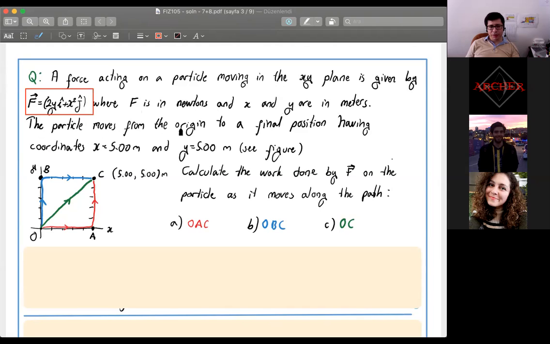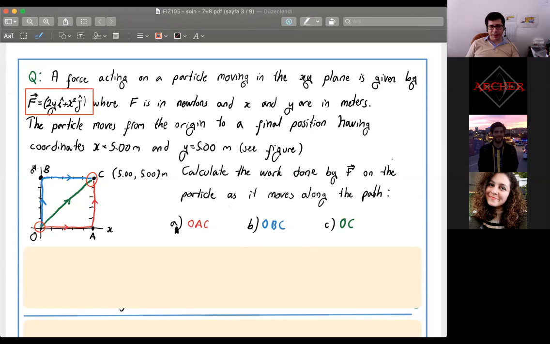Now the particle moves from the origin to a final position having coordinates x equals 5 and y equals 5 meters. The particle starts moving here, motion ends here. Its initial position is the origin, its final position is this point, C. Now, question: calculate the work done by F on the particle as it moves along these 3 paths.